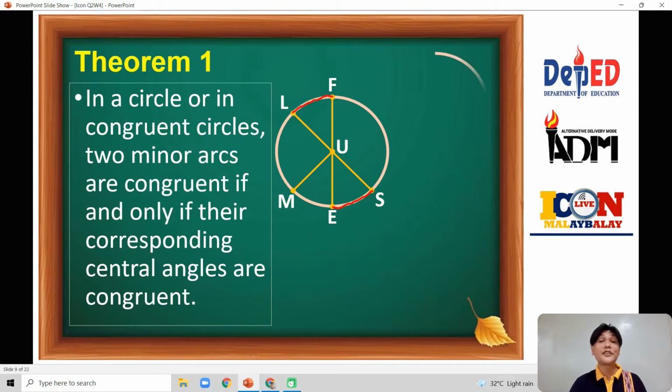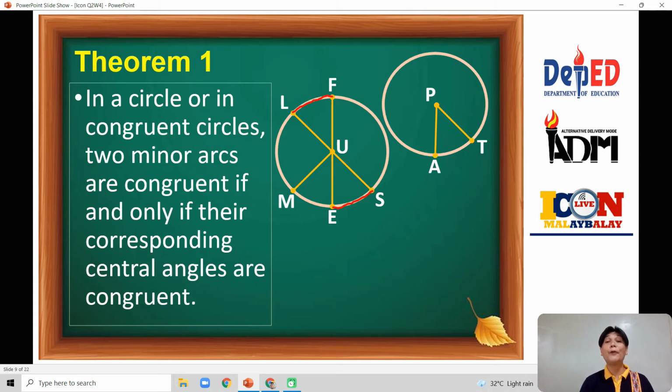And if we have another circle, say circle P, and circle P formed a central angle APT having an arc AT, we can say that arc AT is congruent to arc ES if angle SUE is congruent to angle APT.